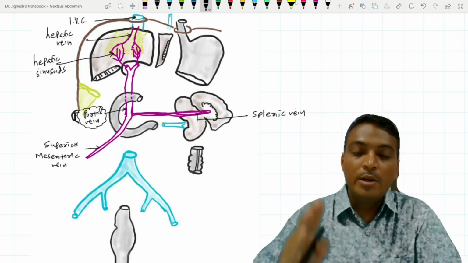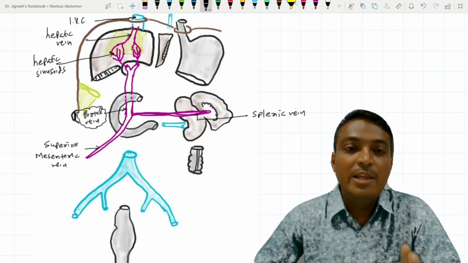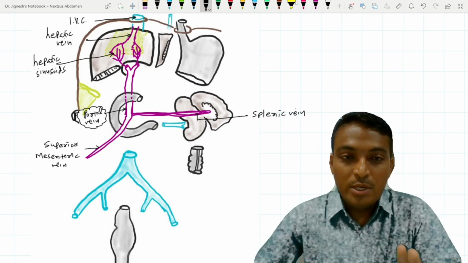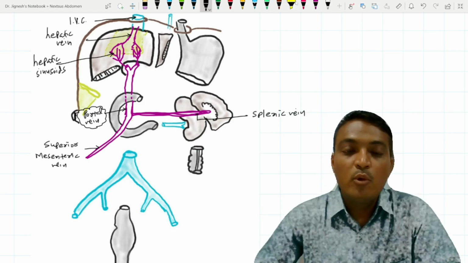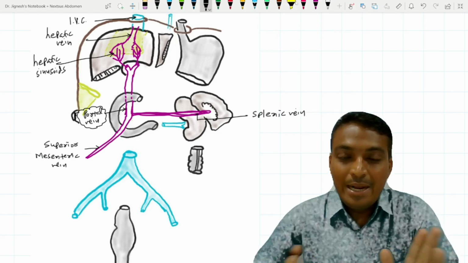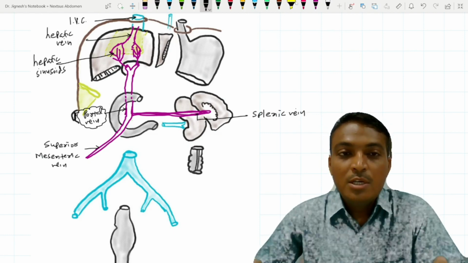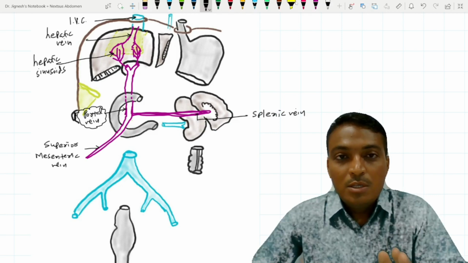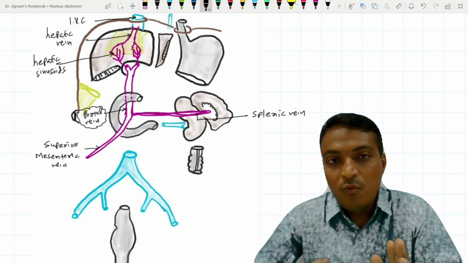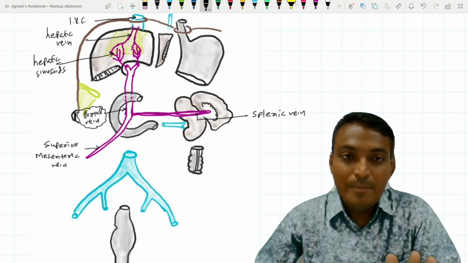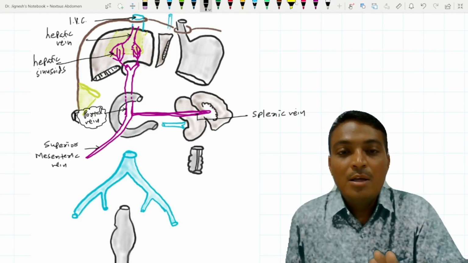It passes upward behind the first part of the duodenum and reaches the porta hepatis of the liver, where it divides into right and left branches. These branches divide into the sinusoids, which form the central veins. The central veins fuse to form the hepatic veins, and these hepatic veins ultimately drain into the inferior vena cava.